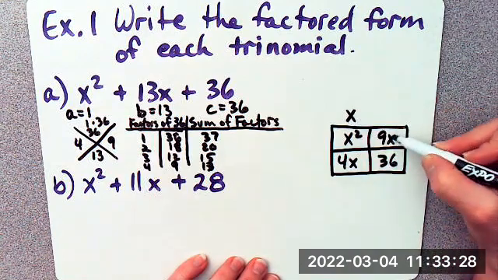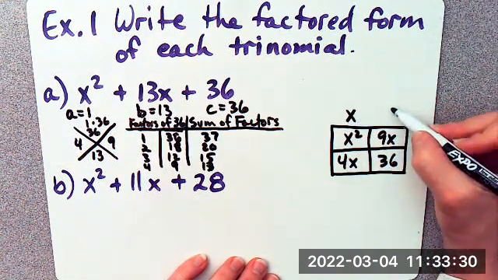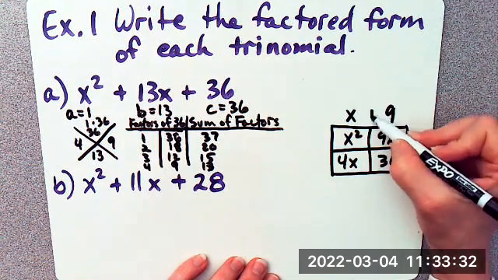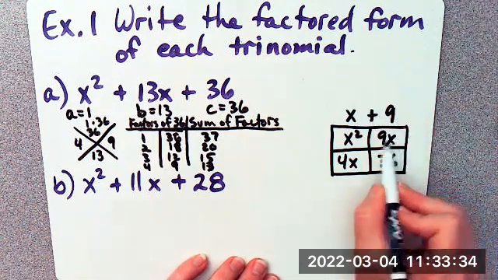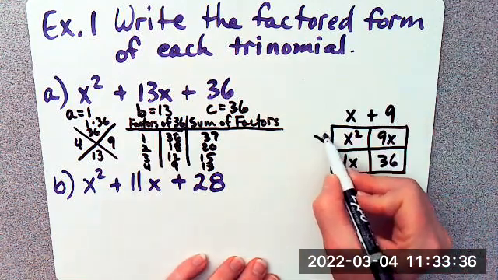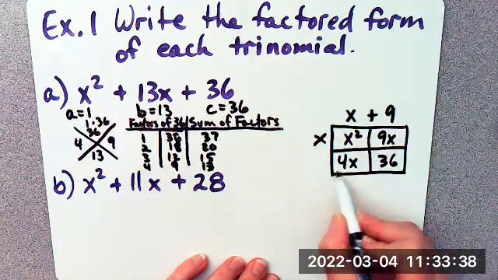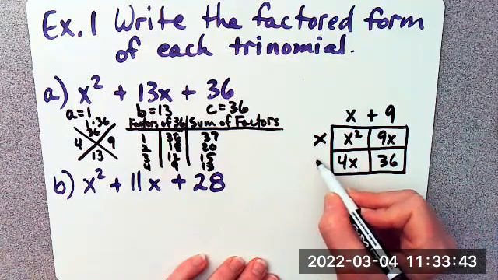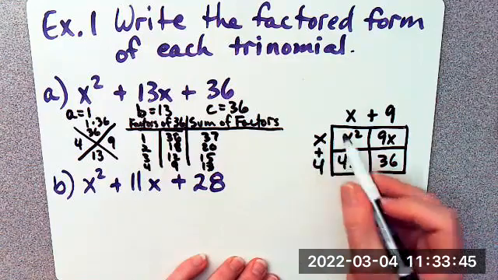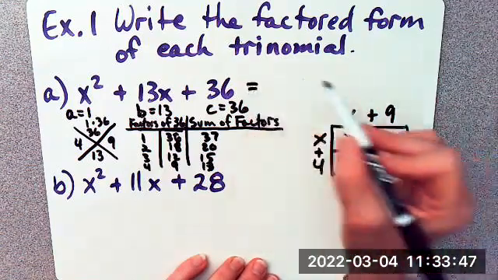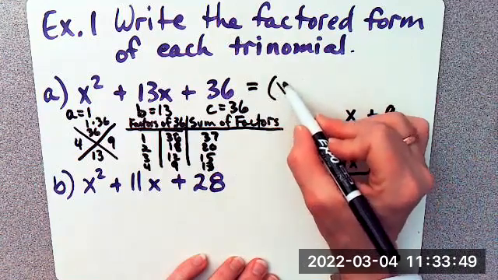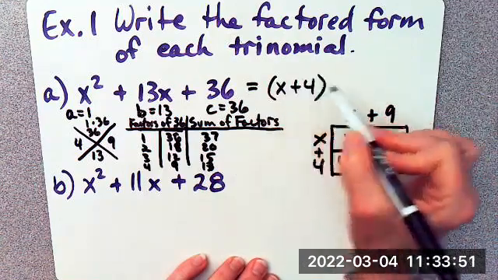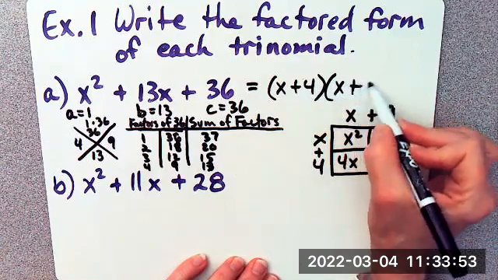Our greatest common factor between 9x and 36 is 9, a positive 9. Our greatest common factor here is x, and between 4x and 36 is 4. So this factors as x plus 4 times x plus 9.